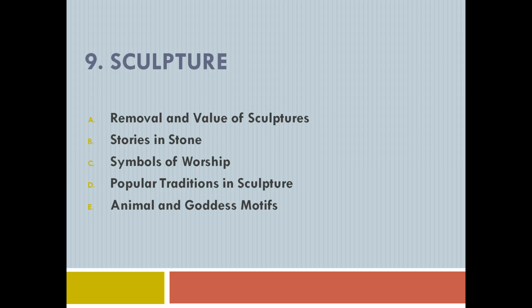Animal and goddess motif. That is the next one that we are going to study under sculpture. First, let us understand the meaning of motif. Motif: a repeated design, pattern or theme used in art or sculpture. Now, let us get into the explanation of this topic.